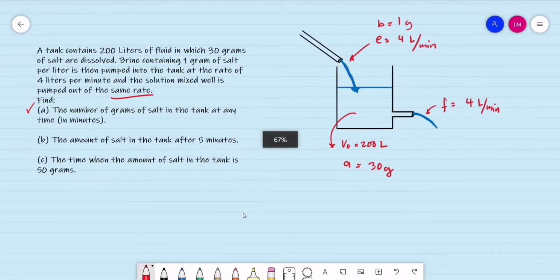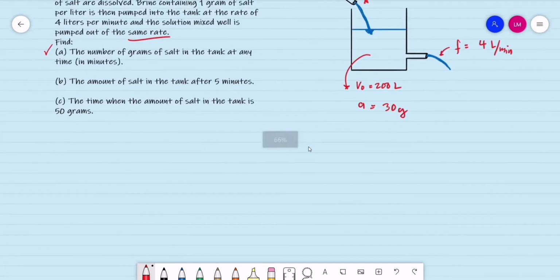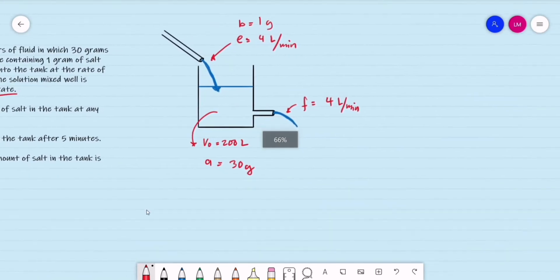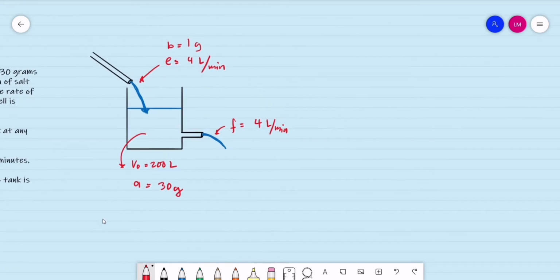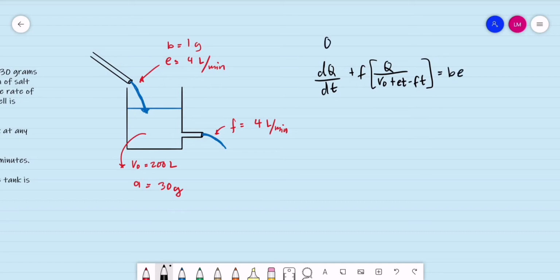It is not given. So from our previous discussion, what is our derived initial equation? That is dQ with respect to time, plus F multiplied by Q, that is the amount of salt, divided by the initial volume plus E times t minus F times t, will be equal to B times E. So again, we have Q as the amount of salt.